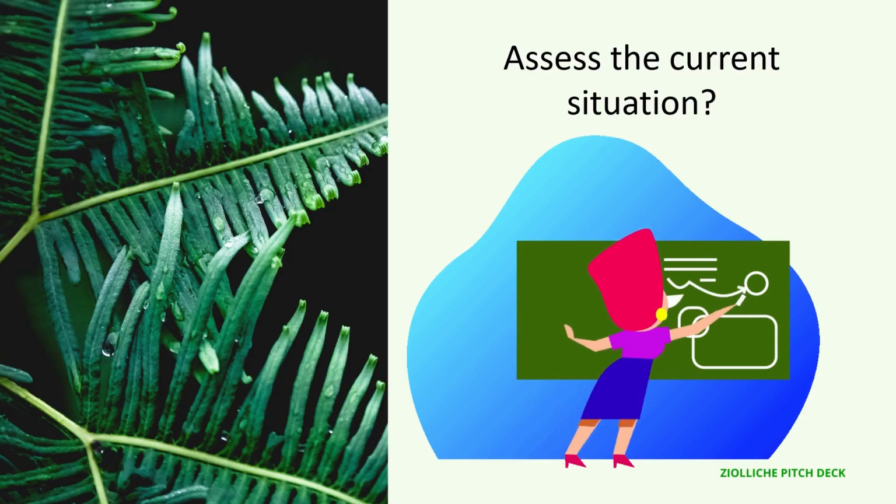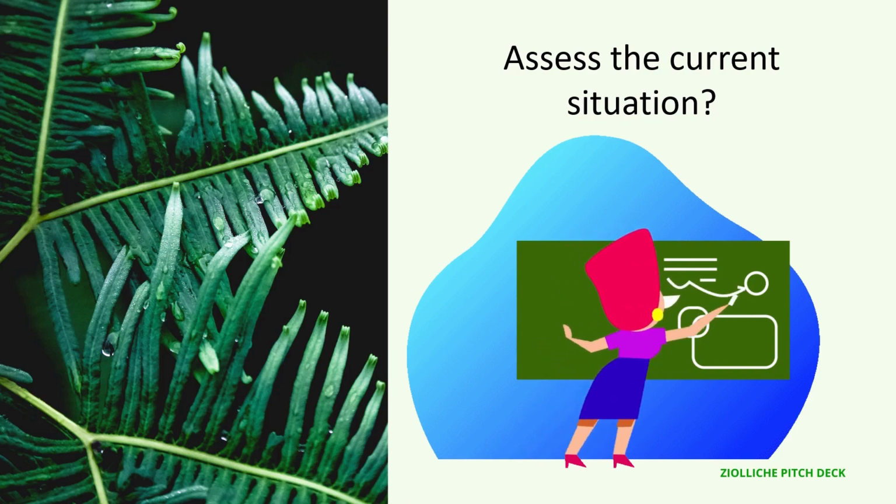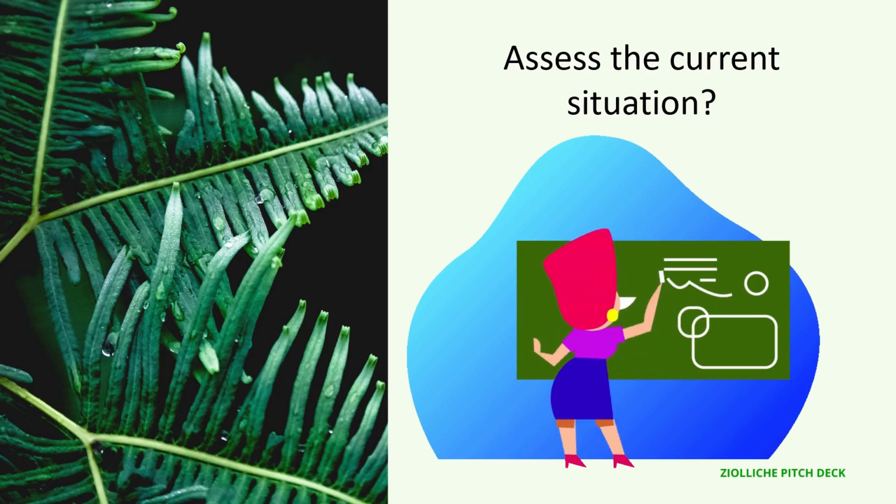Let's discuss first how to assess the current situation. In assessing the current situation, before determining the course of action, we need to first identify the areas that need to be modified. We also consider our resources, capabilities, and competencies.